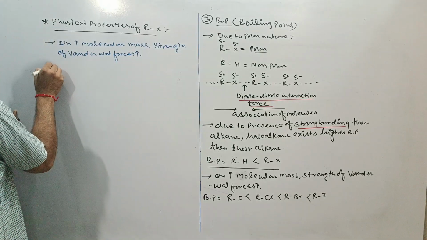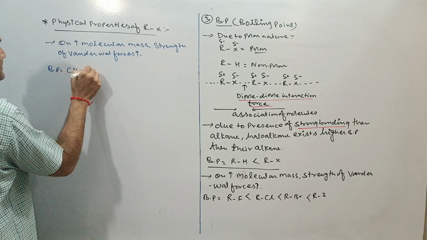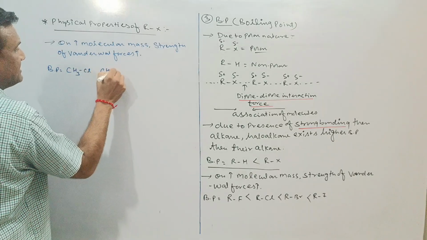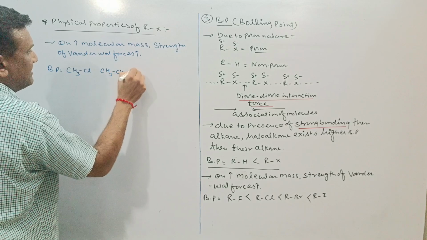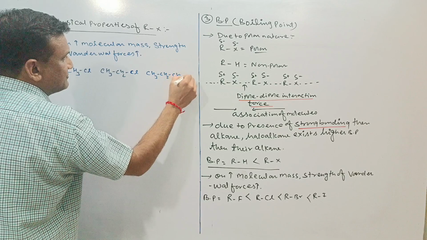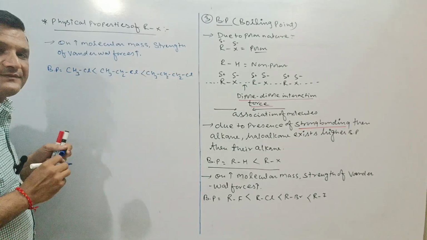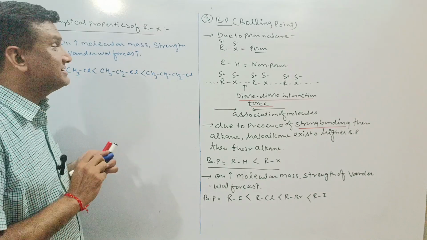So for the sequence of BP for halides having the same halogen atom, CH3Cl, CH3CH2Cl, CH3CH2CH2Cl, the boiling point increases because the molar mass also increases.